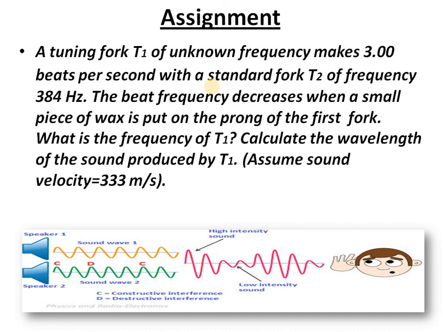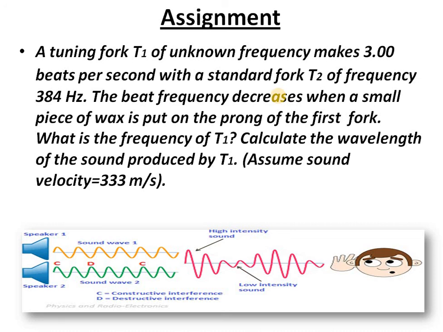The problem says that the difference is decreasing. Otherwise, if the first frequency is decreasing, then the difference should increase. But here the difference is decreasing. That means T1 should be of higher frequency than T2.